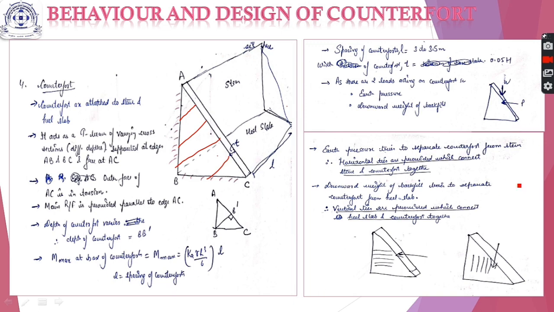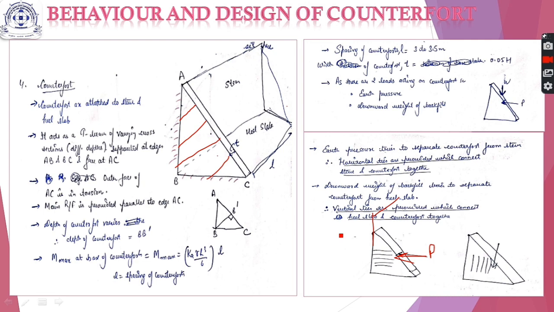we will look at the action of these two forces, the lateral active earth force and the weight of backfill, acting on this particular counterfort. If this is a counterfort and this is P acting on the counterfort, this P will try to push the counterfort backward, and hence it will try to separate the counterfort from the stem, since it is supported on the stem.